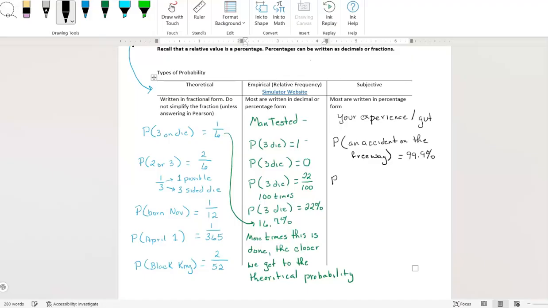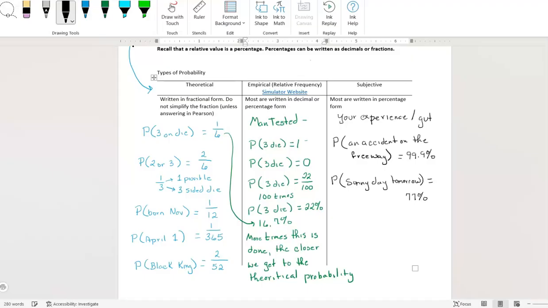What is the probability that it's going to be a sunny day tomorrow? Well, we're going to use what we know from maybe today. Maybe we're a weather forecaster in terms of we like to watch the news. So, based on our experience or based on some things that our gut is telling you, maybe we're going to say it's about 77%.